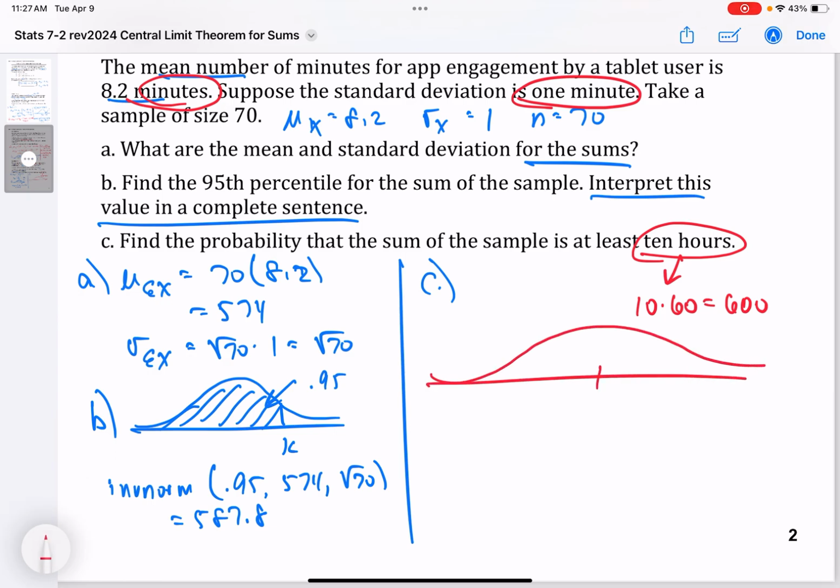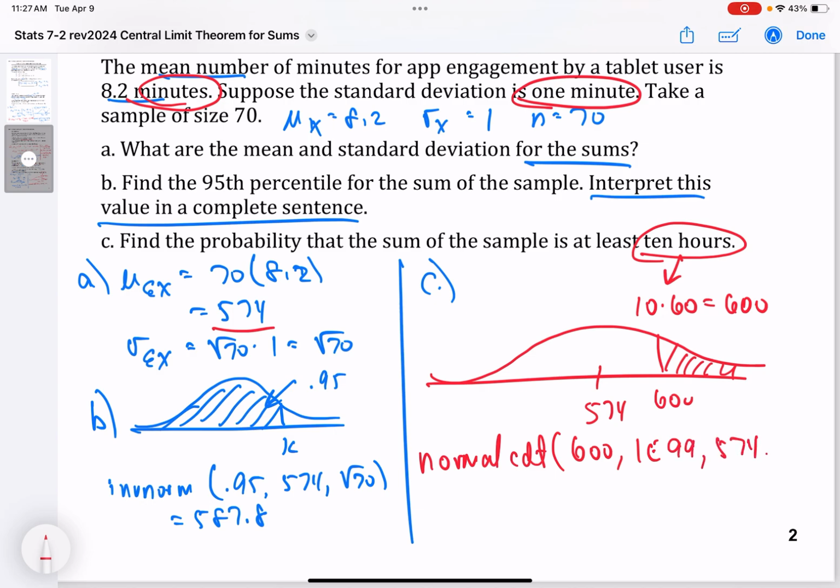So here's our average. Our average was, what do we say, 574 back over here. And we want our sum to be more than 600. So that's what we're taking a look at. That's going to be, again, the normal CDF, and our low value is 600. Our high value is going to be infinity, and we've got our mean and standard deviation as 574 and square root 70.